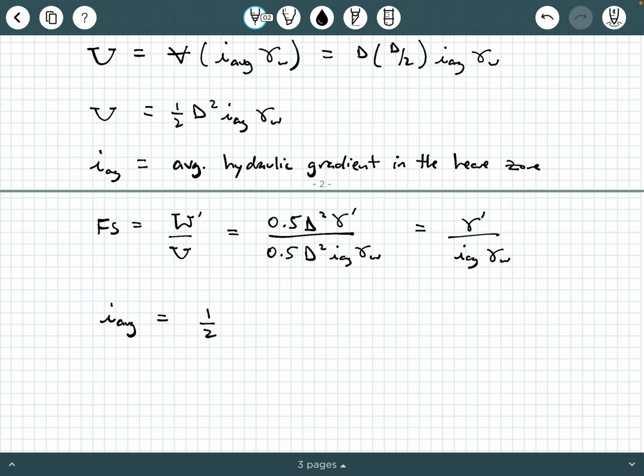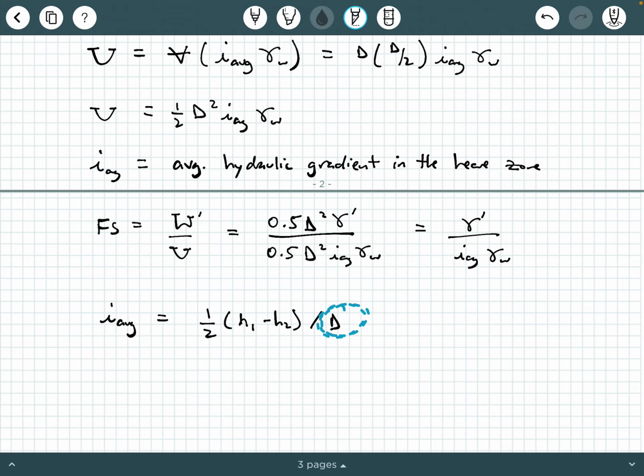1/2 times little h1 minus little h2 divided by the depth of the block. Okay, so again, it's the head at the top of the block and then the head at the bottom of the block on average, and then divided by the flow length, right?